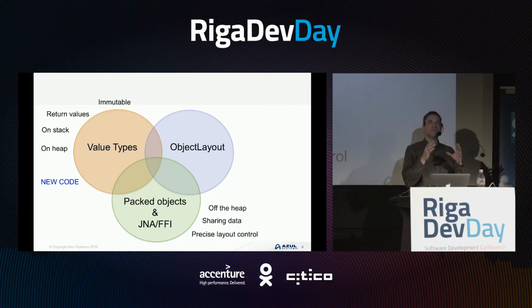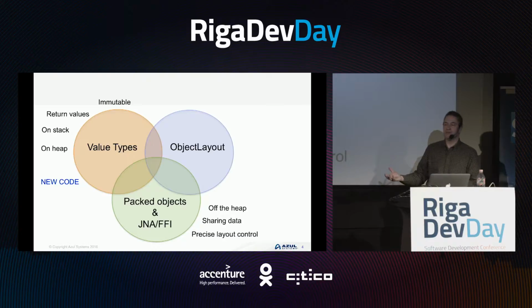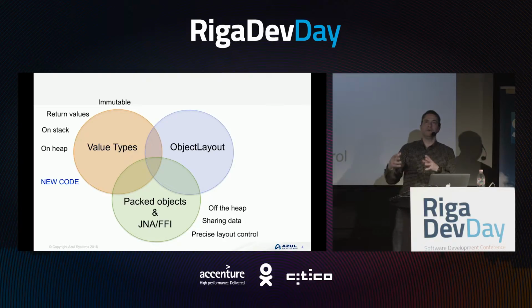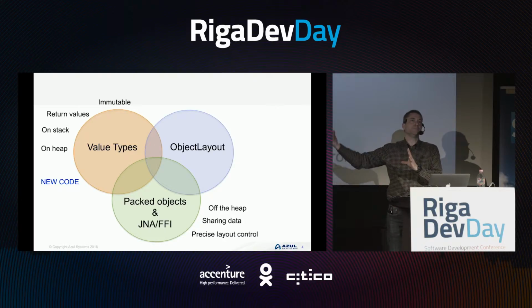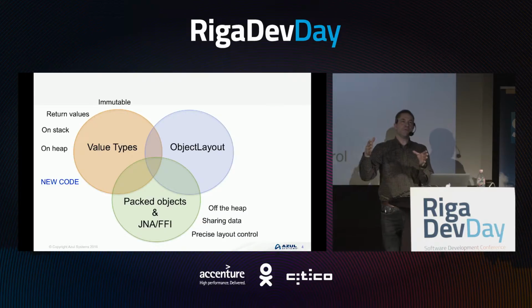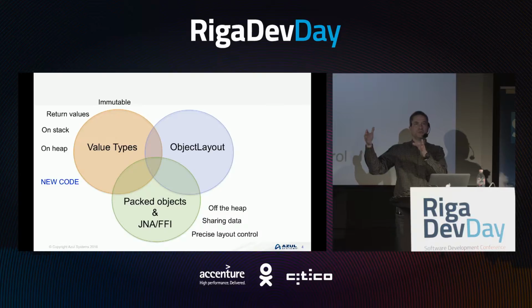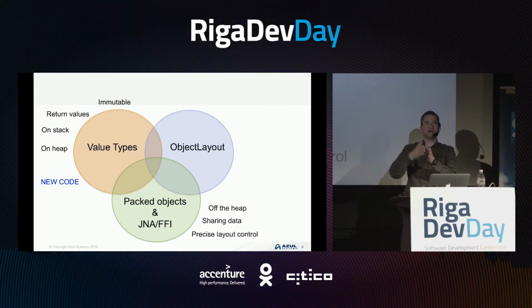It's about having very precise layout control. Typical example of that would be if you've got some native code that is reading packets from TCP. TCP has a very well-defined layout. So the data that you're processing is going to have that well-defined layout. You need to keep that well-defined layout, and that's what a packed object is going to be addressing.